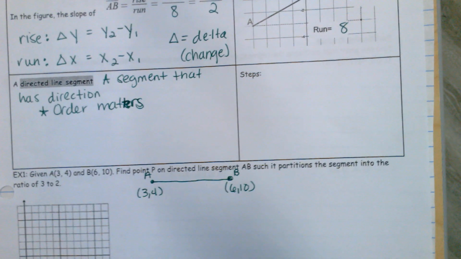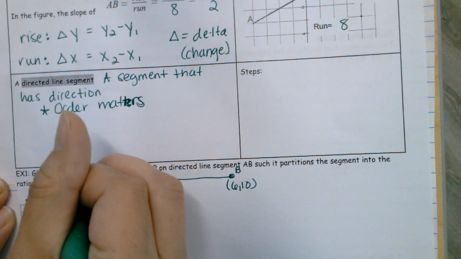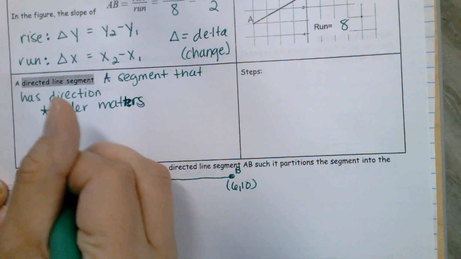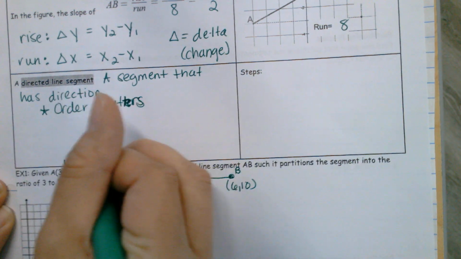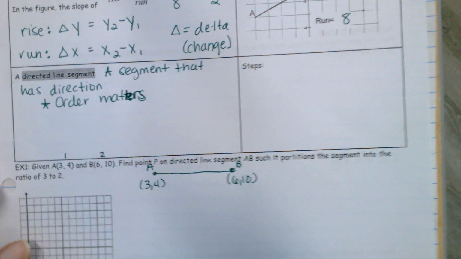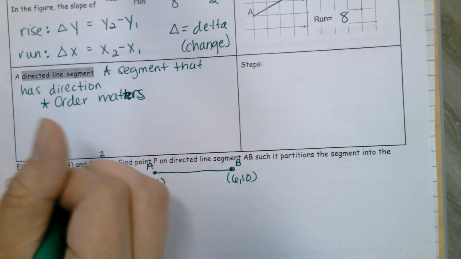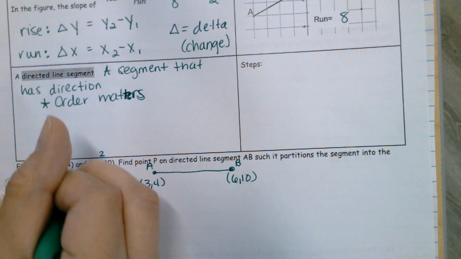If P is along the line segment from A to B, so this is point 1 and this is point 2, and P divides it into a ratio of 3 to 2, that's my important ratio. It's 3 to 2.